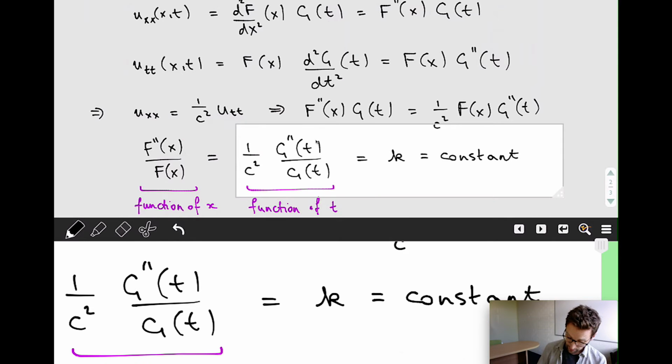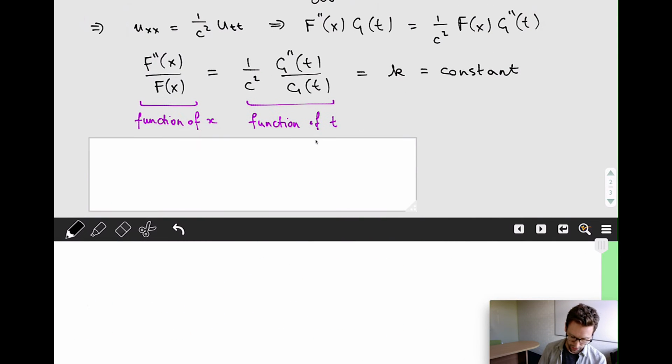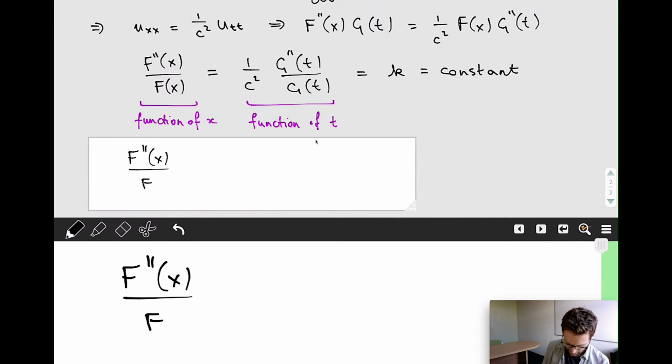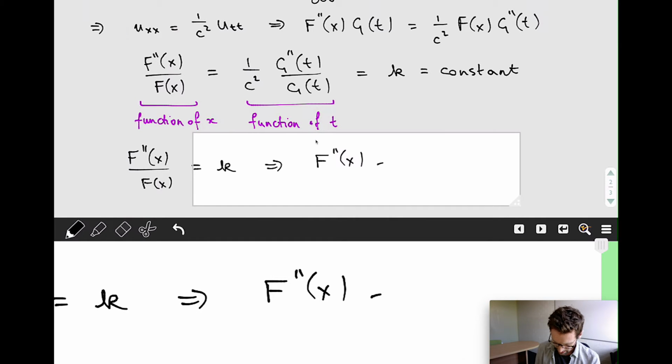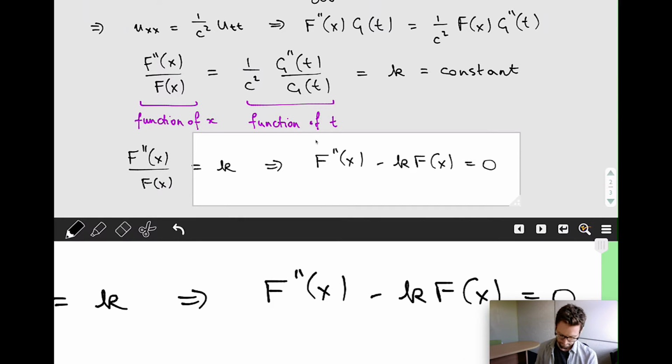So this then allows me to write two separate ordinary differential equations. f double prime of x over f of x is equal to k, which implies that f double prime of x minus k times f of x is equal to 0.